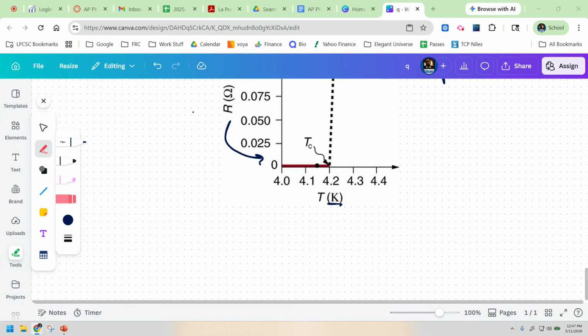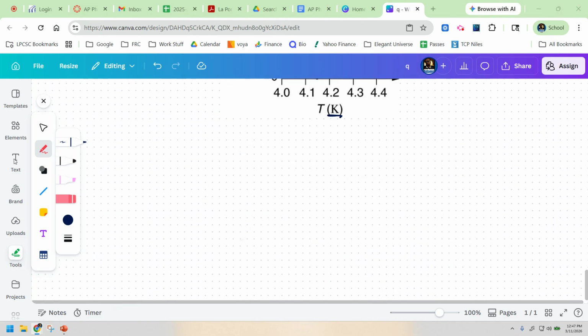And so let's do an example problem. Oh, wait. So one last thing that I want to do, and then we'll do the example problem. Remember that we said that the resistance is equal to rho L over A. Okay.